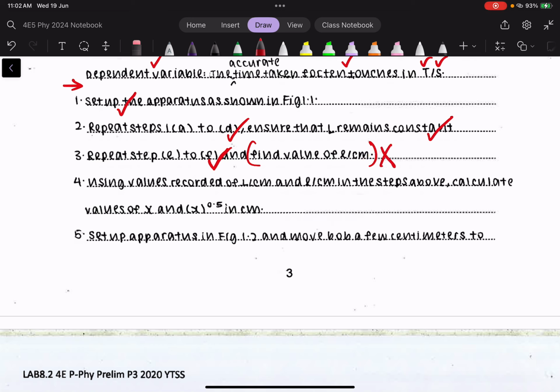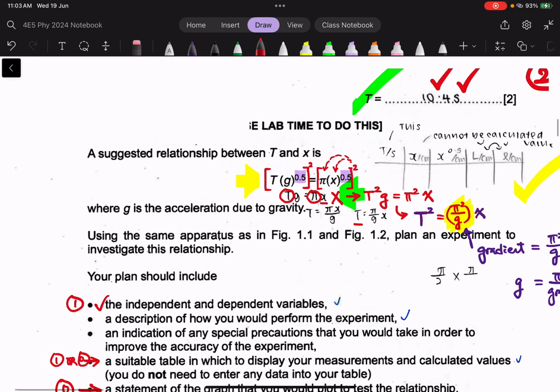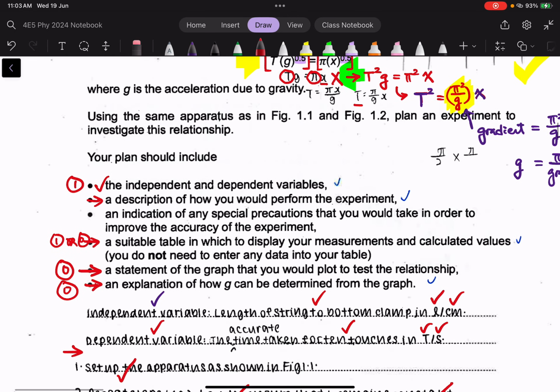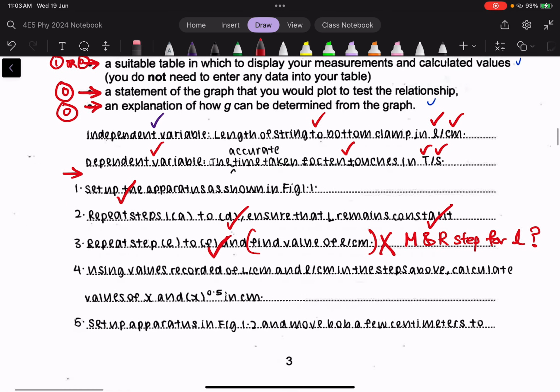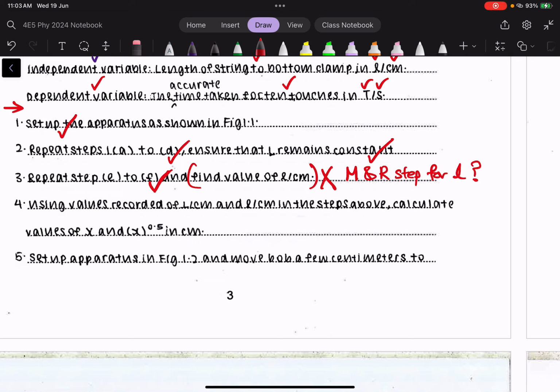I want the measure and record step for your L. Missing. So actually I mark until here, no need to mark already because she would have lost this mark already. Cannot give, got 1 error, right? During benchmarking maybe it says 2nd error, but I think this is quite a big error.